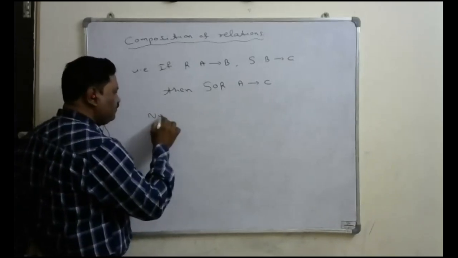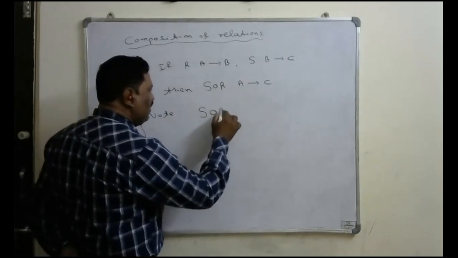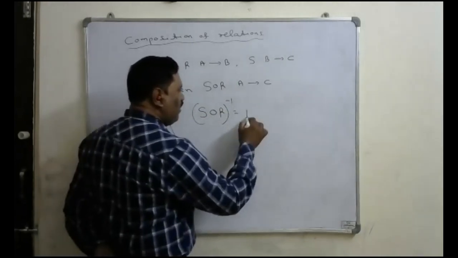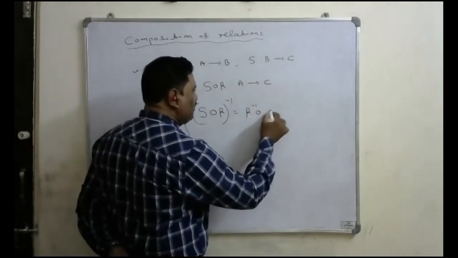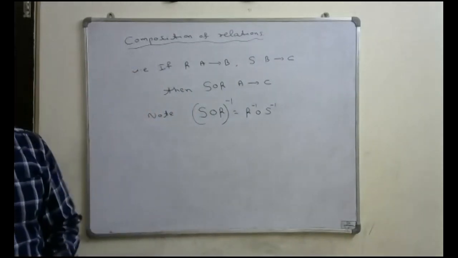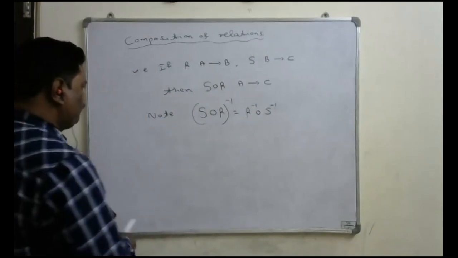Write on the note. This is the point you have to remember. S circle R whole inverse is equal to R inverse circle S inverse.